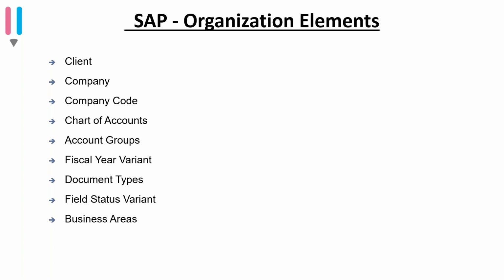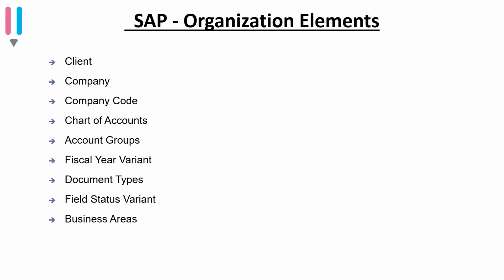Apart from that, you have the field status variant also. The field status variant will have the complete information of the fields that are displayed on your SAP screen. For example, for posting an entry in SAP, on a single screen you will have a lot of fields. You might not be using all those fields on a daily basis to process your transactions.